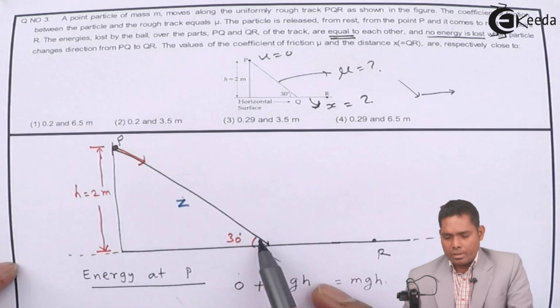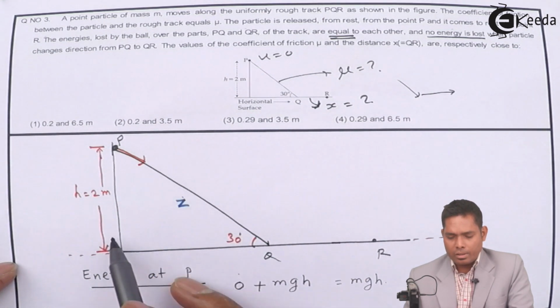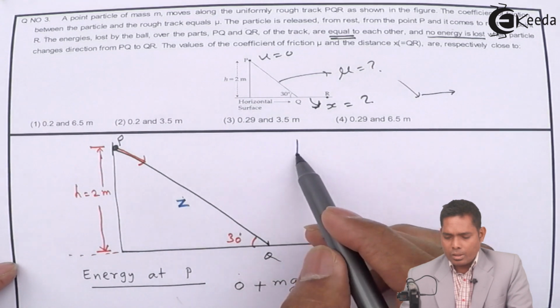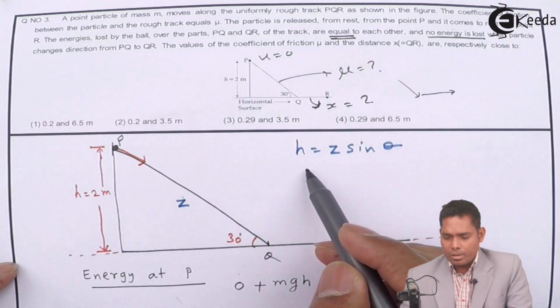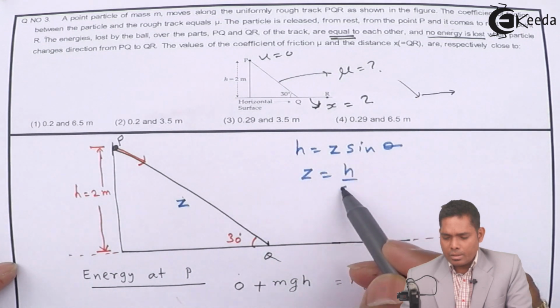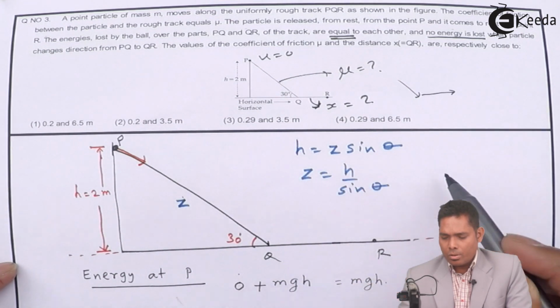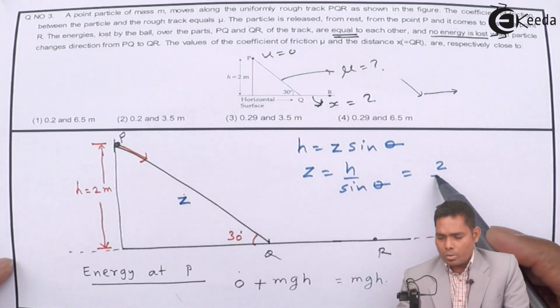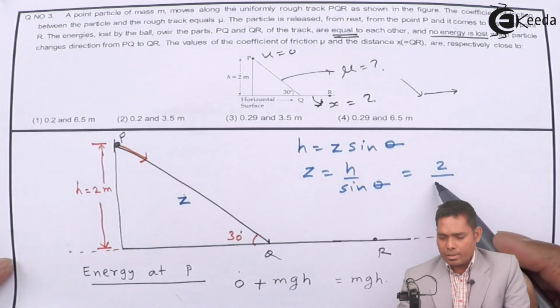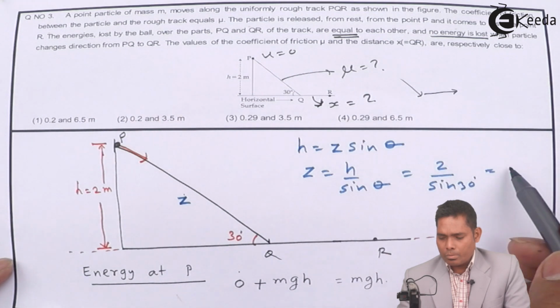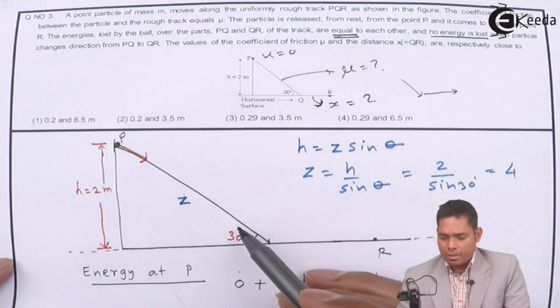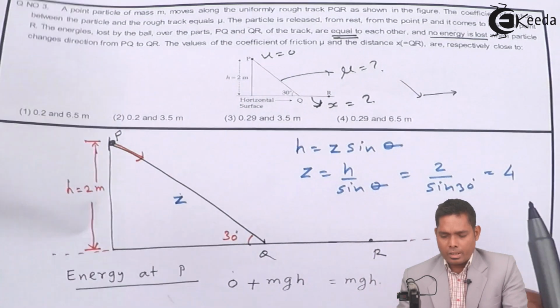Then the components are z cos theta and z sin theta. So h is z sin theta, that means z is h by sin theta. Here h is 2 and sin theta is sin 30, which is half, so it becomes 4. So z is 4 meter.